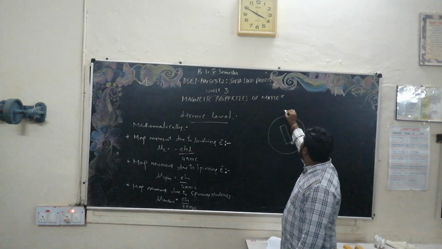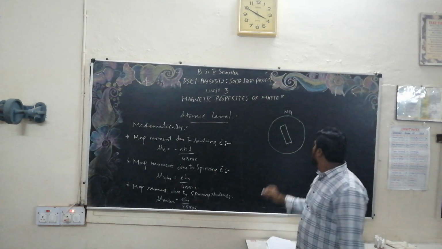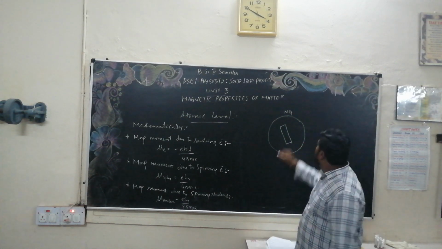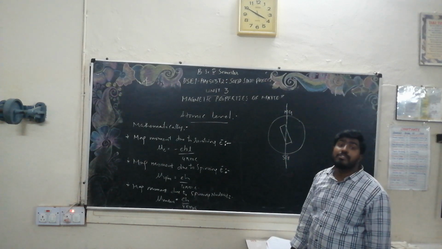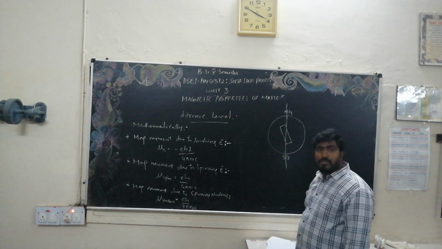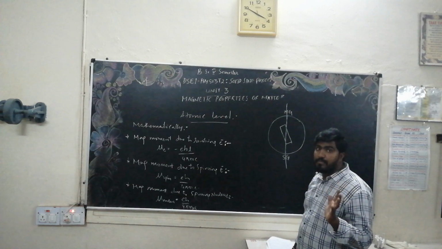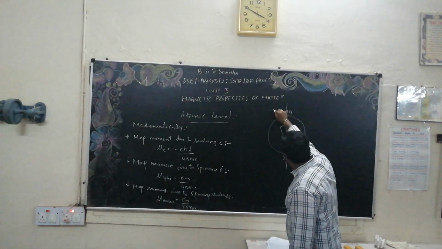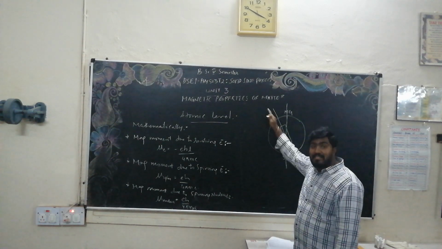This is our geographic north, this is our geographic south. This axis we call the geographical axis of the Earth, whereas this axis is the magnetic axis.